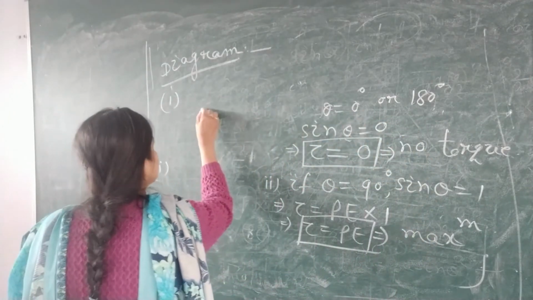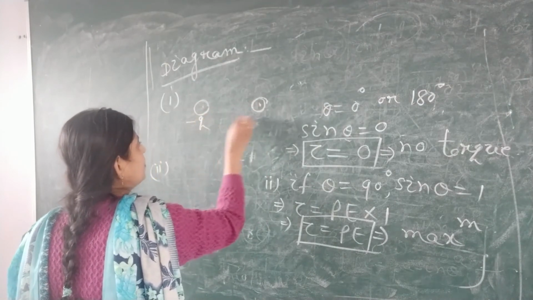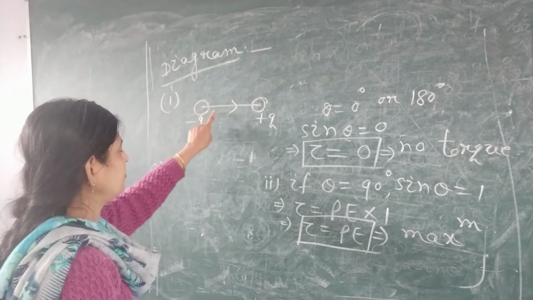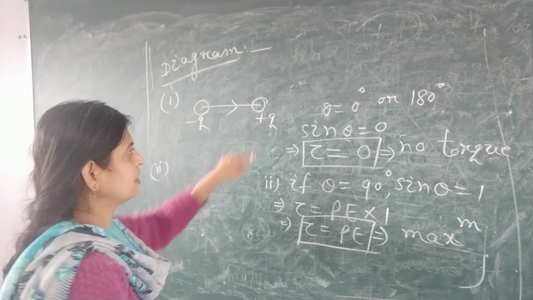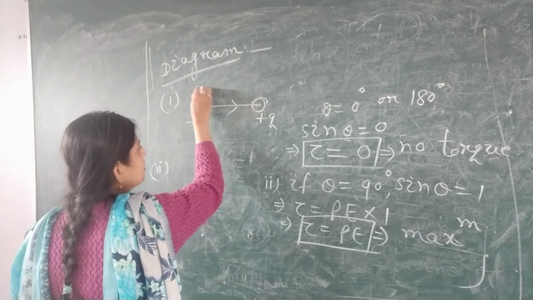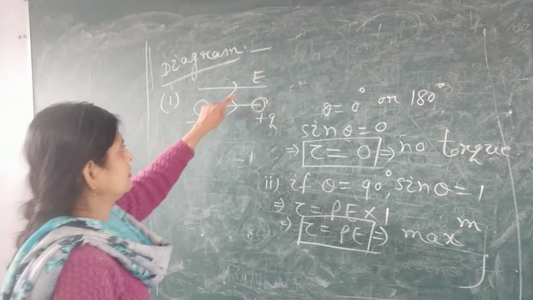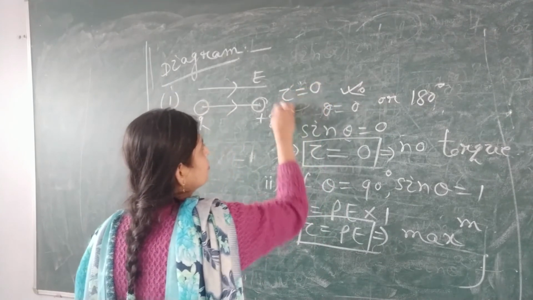That means suppose this is the dipole, minus q plus q, because the direction of the dipole moment is always from negative to positive. And if you draw the electric field along the same direction, then the torque will be 0.